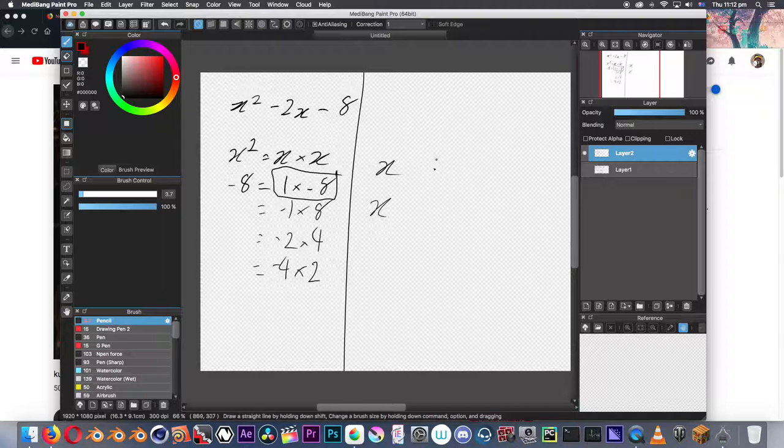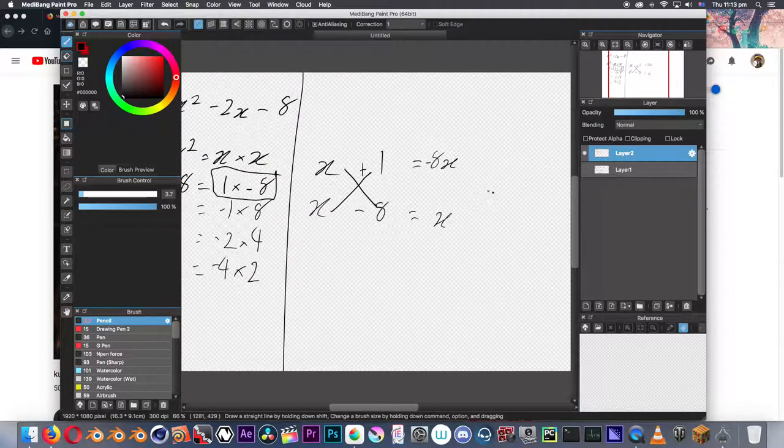So anyway, we've got +1 and then -8. Then we have the equal sign, and we're going to do this cross thing, this multiplication. We already know this from basic algebra from year 7. x times -8 is -8x, and x times +1 is 1x.